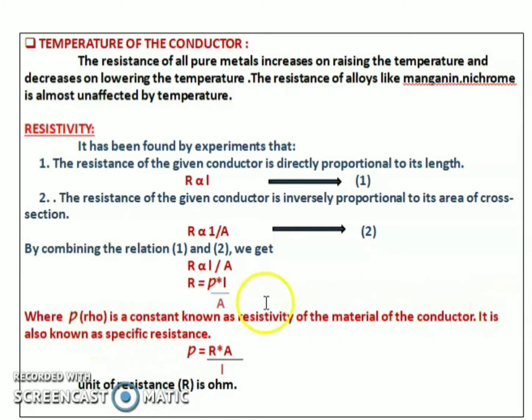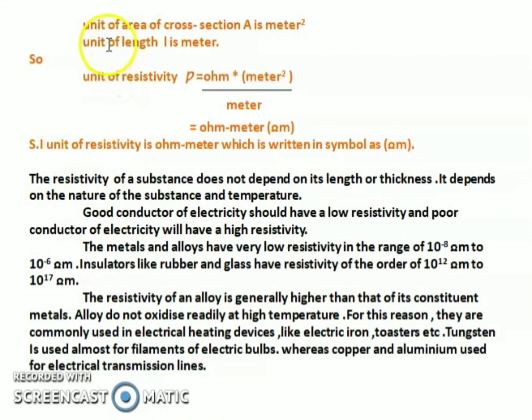It is also known as specific resistance. Now we can rearrange this equation and write rho is equal to R into A upon L. The unit of resistance is ohm. The unit of area of cross section is meter square. The unit of length L is meter.